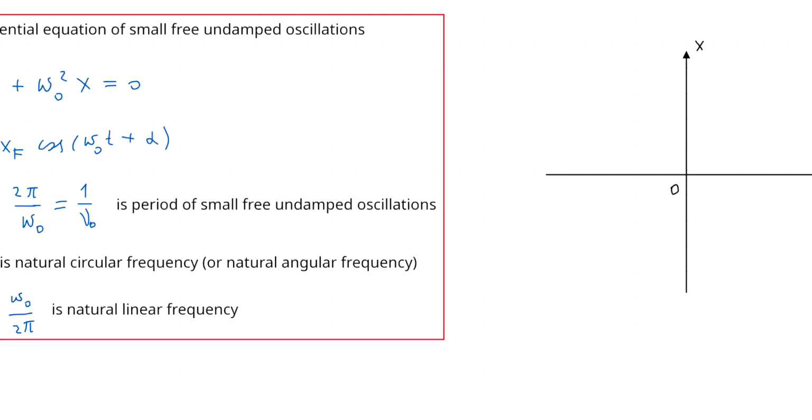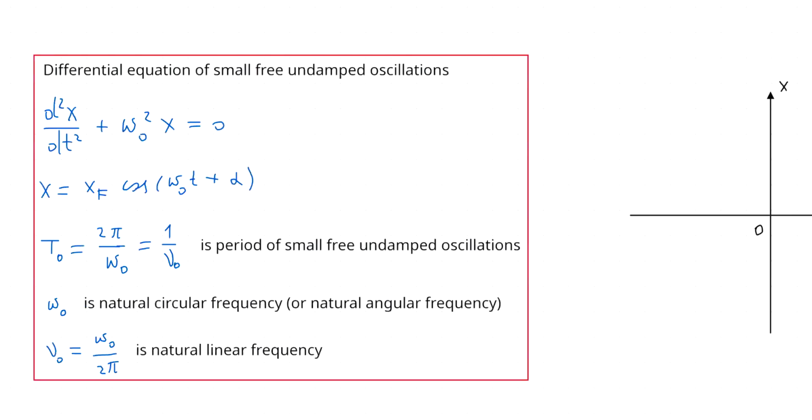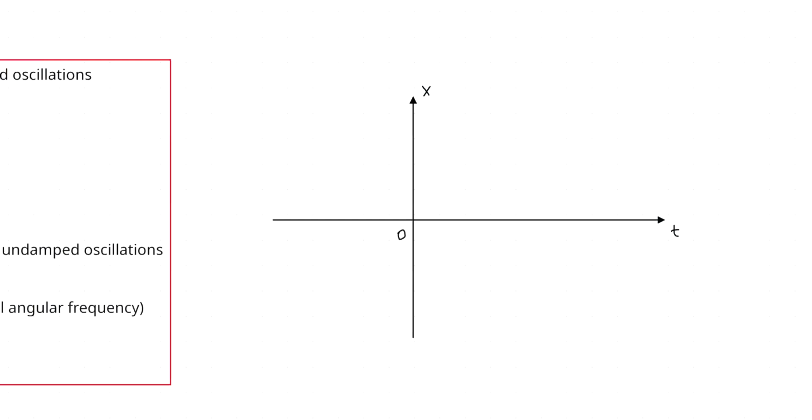Okay, and how to show this function in Cartesian coordinates? It is simple. It is just cosine, and you know from math that the graph will look like this.